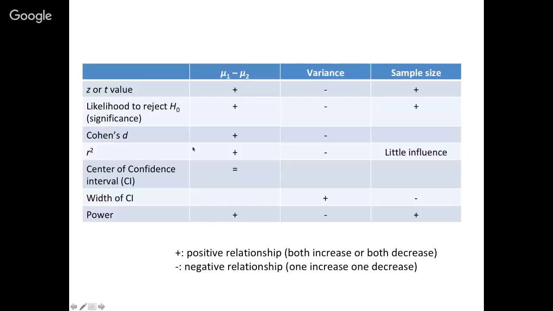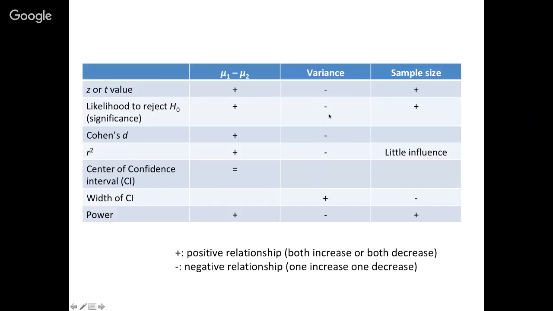So we know the influence of the sample mean difference, and then there's the influence of the variance. You can see here, bigger variance is not good for hypothesis testing, right?